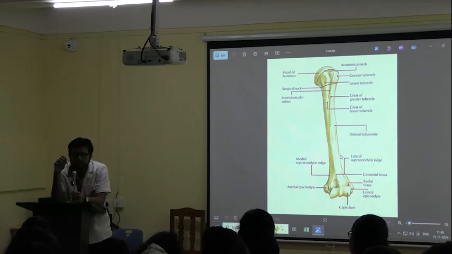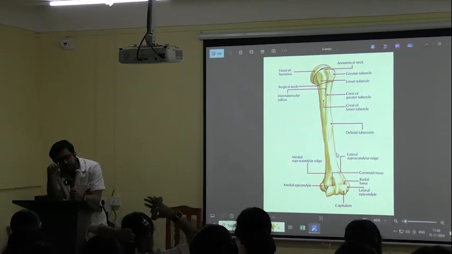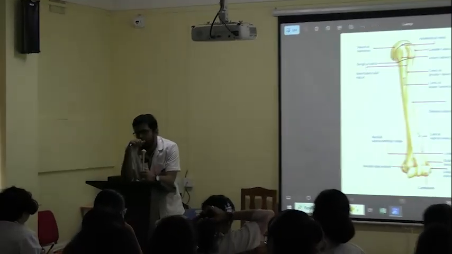For the upper end, there are a few things. This is the head, already described. Then there are two tuberosities. A tuberosity is a bony prominence, meaning there is a bulge in the bone, like a tubercle, protruding out. One is the greater tuberosity, one is the lesser tuberosity.